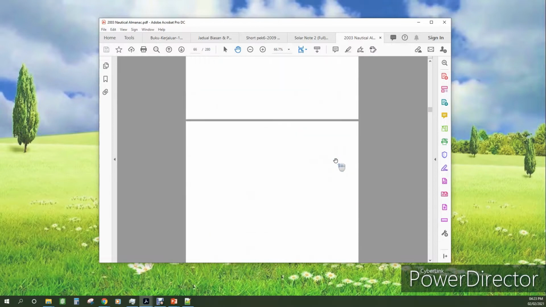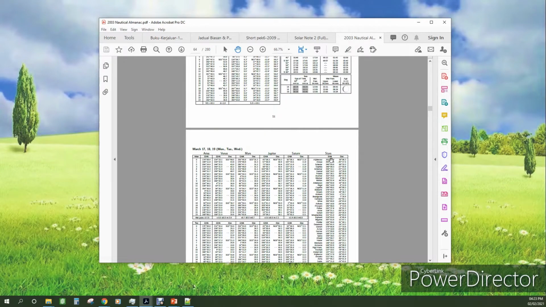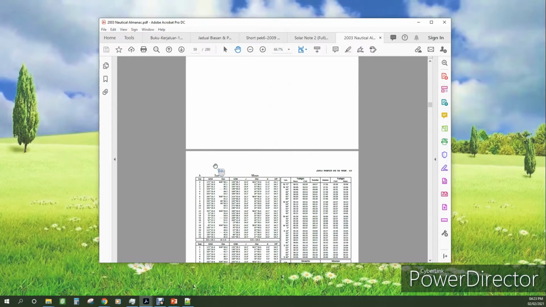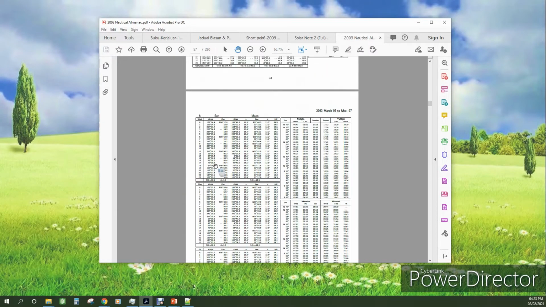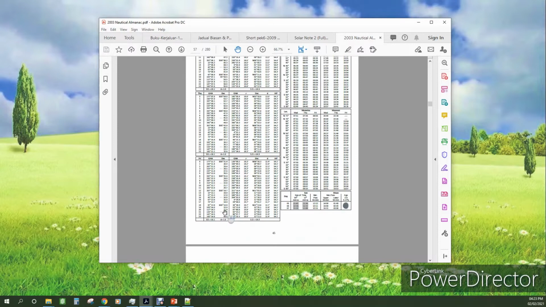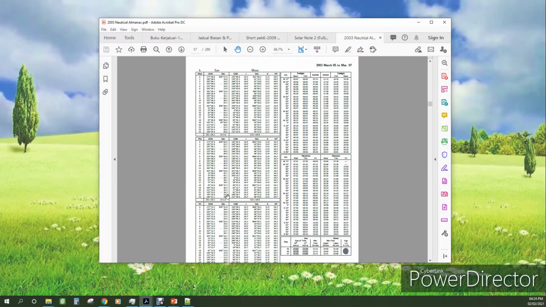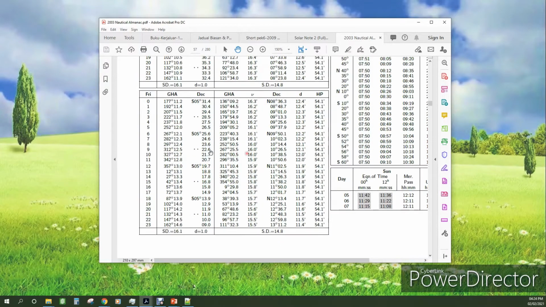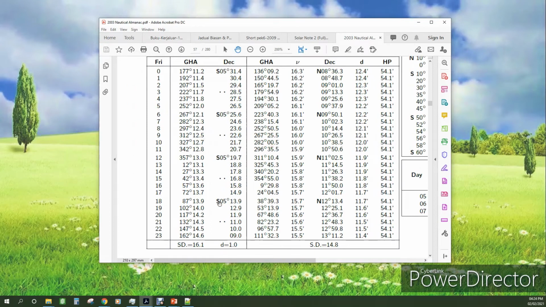Here is March of 2003. This is the 7th March, 5 March 2003. So this is the almanac for the date 7. This is the time.